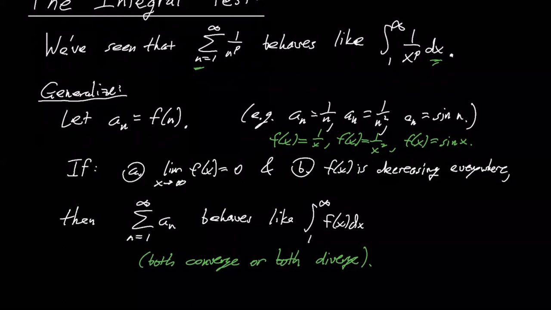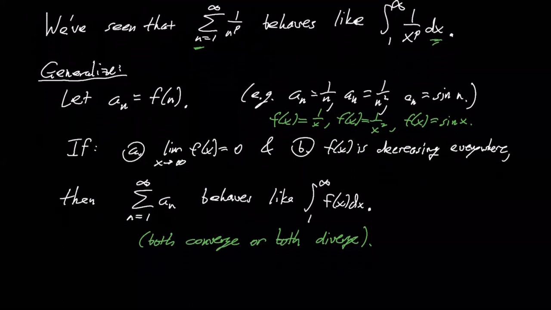Let's talk about why this is true. It's certainly true for the p-test, right? For the example over here, if f of x is 1 over x to the p, and then a sub n is 1 over n to the p, we get back the p-test.